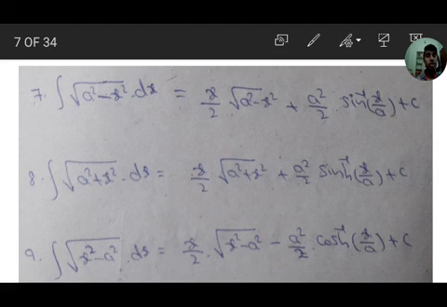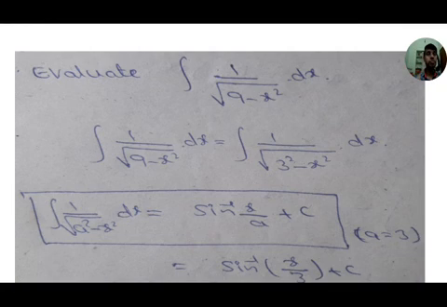Integration square root of x square minus a square dx equal to x by 2 into square root of x square minus a square by 2 into cos h inverse x by a plus c. These are the 9 formulas. Based on these 9 standard formulas, we'll do the problems.